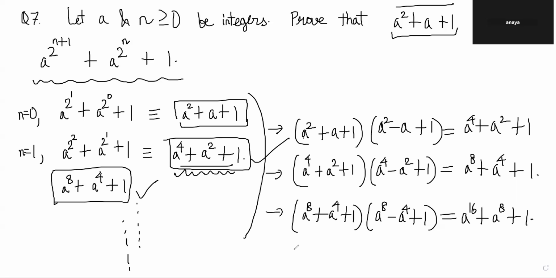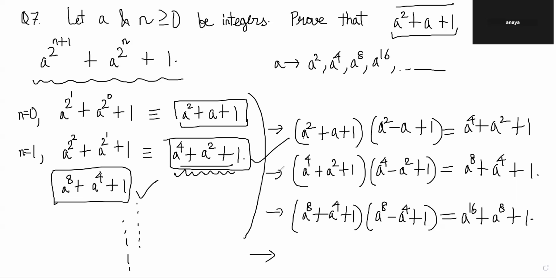We can keep replacing a with a square, a power 4, a power 8, a power 16, or powers of 2, and you will keep getting different identities like this.